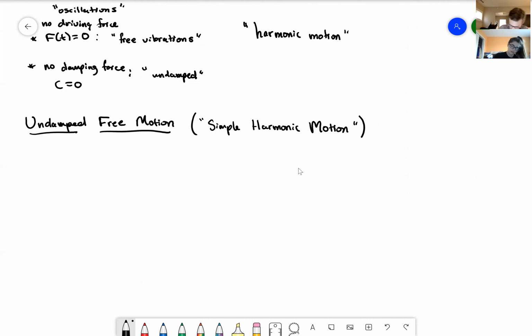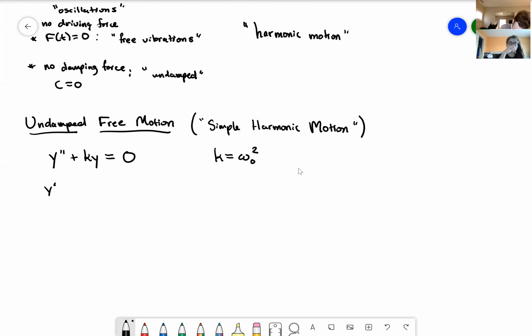Okay. So in this case, we'll write our system as y double prime plus ky is equal to 0. And for the sake of simplicity, we're going to rewrite k as omega 0 squared. And the reason for this will become clear in a minute.